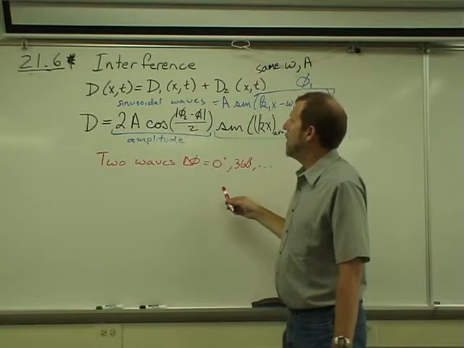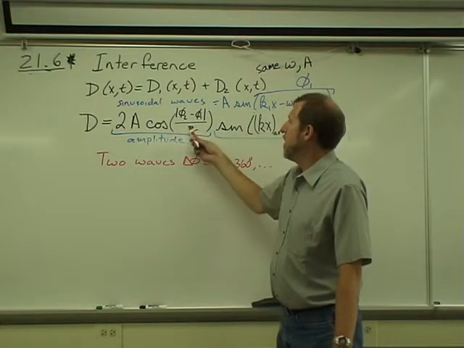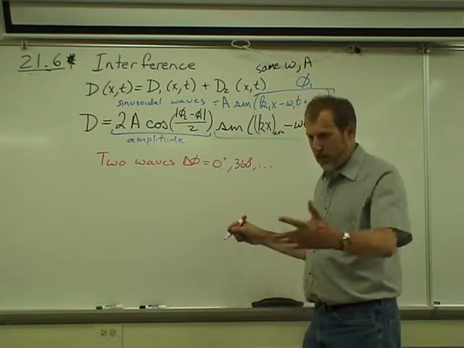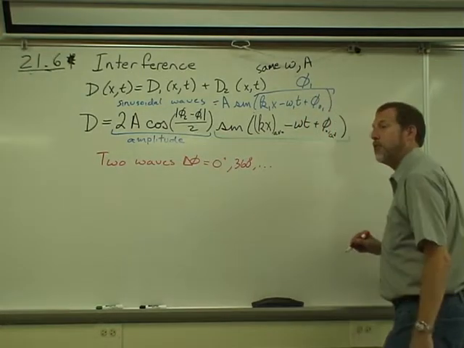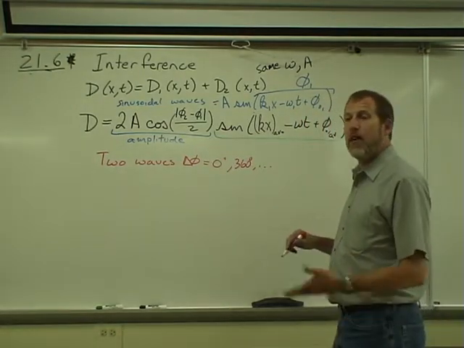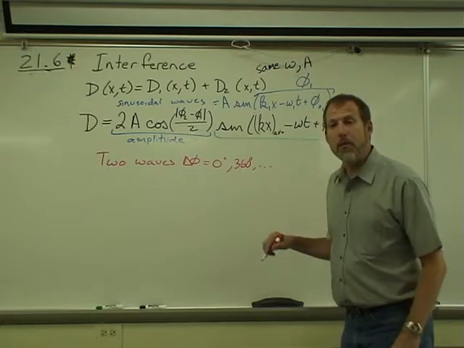And I'll get an amplitude that is equal to twice the amplitude of both waves. So if we've got the same wave on top of itself, that gives me double the wave.